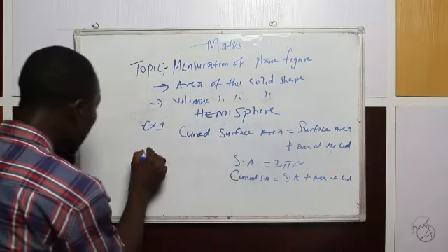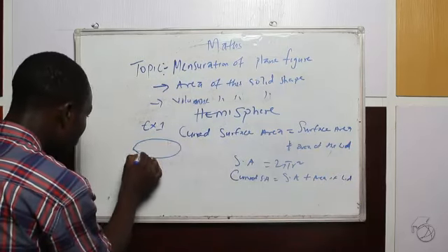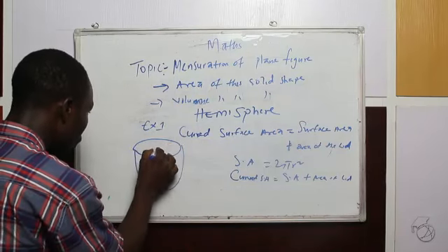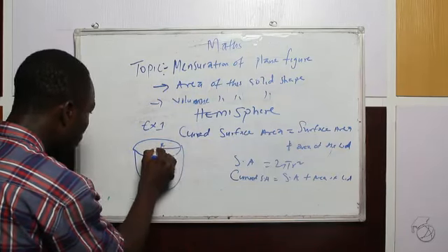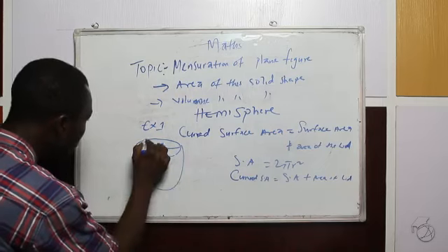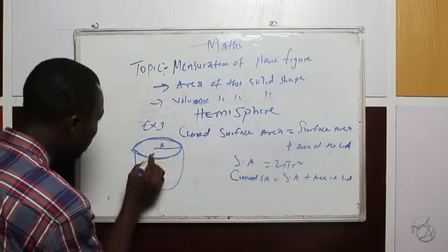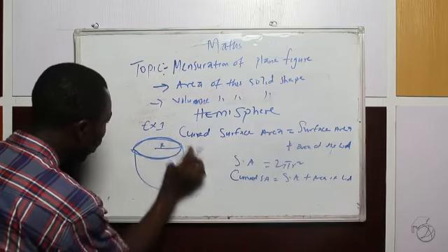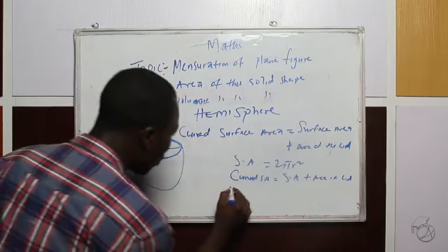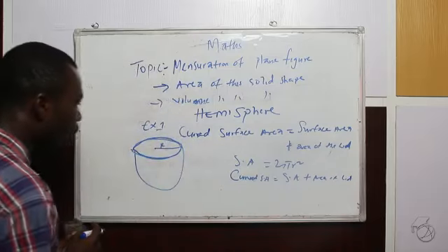What do I mean? Look at the diagram above. This is the hemisphere. We have here the radius. Now, this is the curved surface area. The curved surface area is different from the area of the lid. The area of the lid, we all know, is the area of a circle.